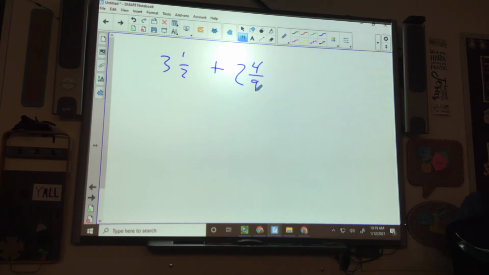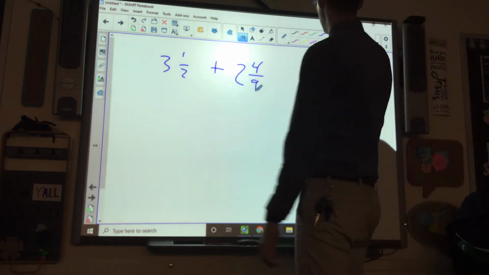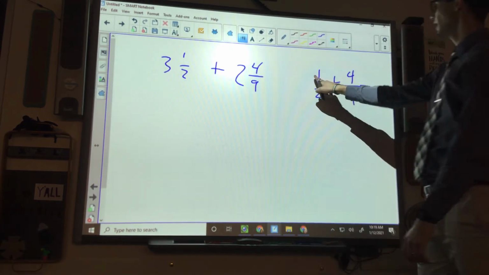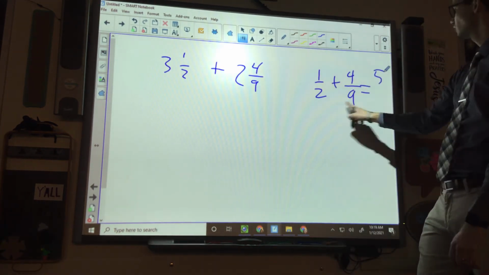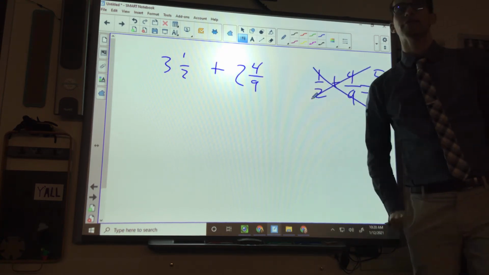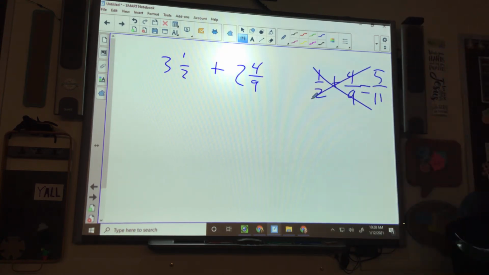Gotta get a common denominator. You can't just add. You cannot just say, I'm going to add 1/2 plus 4/9. You can't just say, hey, 1 plus 4 is 5, 2 plus 9 is 11. Cannot do that. You have to get a common denominator.